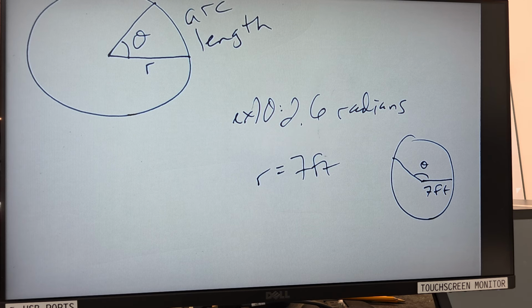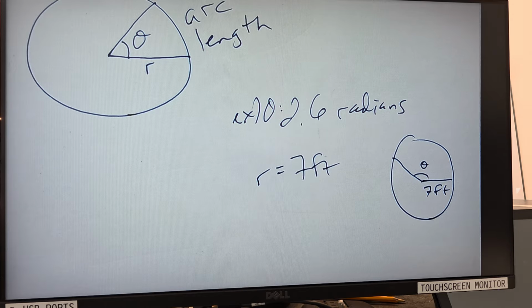So how many radiuses length have I gone? 2.6. And how big is each radius? Each radius is 7 feet. How many of them have I walked? 2.6 of them. So how far have I gone? 18.2.